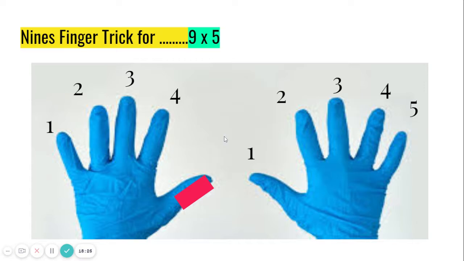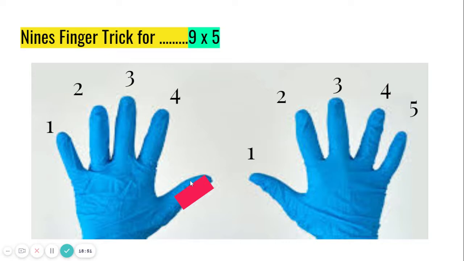All right, let's do 9 times 5. Now, remember, you kind of got 2 different ways to do this. You can do your nines trick. You could also look at the clock and what would be our minute hand if we count by 5s to get to the 9. Okay? So let's do it as a nines trick. We're going to tuck under our 5 finger. 1, 2, 3, 4, 5. So tuck this one under.